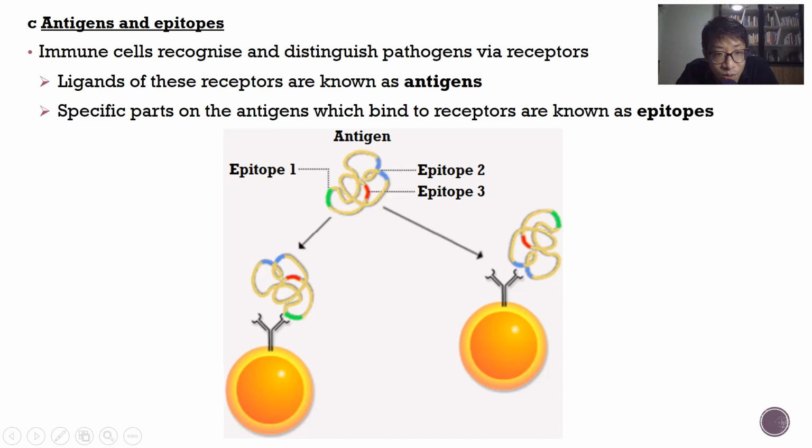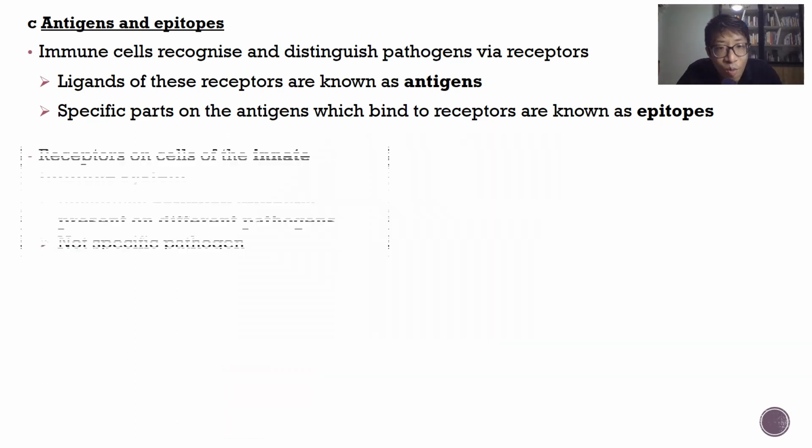One immune cell here with the receptor binds to one epitope. The other immune cell here binds to another epitope with a different receptor. Again, the antigens would be what is found on the pathogens for the immune cells to recognize via their receptors, and the exact part of the antigen that the receptor binds to would be called the epitopes. So that's for the overview.